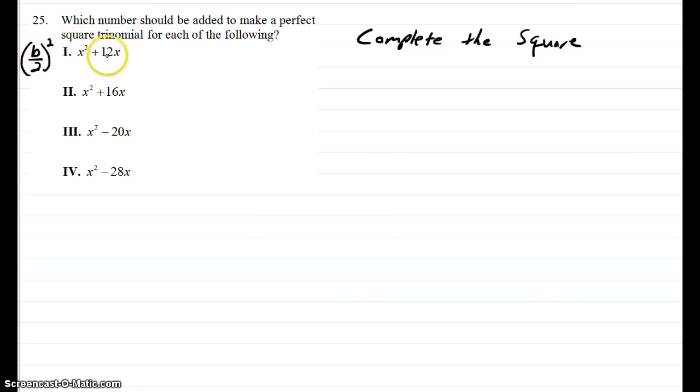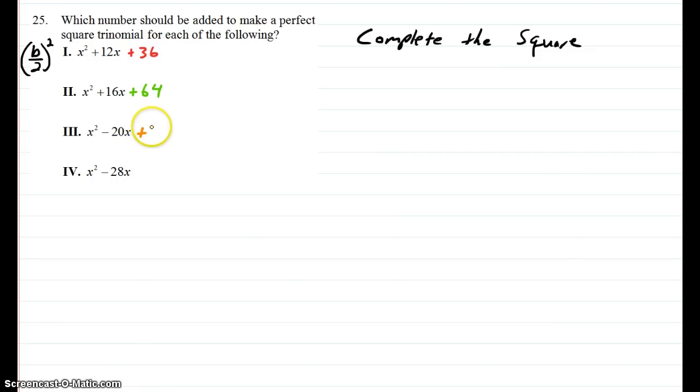So what's half of 12? 6. 6 squared is 36. Half of 16 is 8. 8 squared is 64. Now, even with the negative, half of negative 20 is negative 10, but when we square, a negative times a negative is a positive, so it's always going to be adding here.